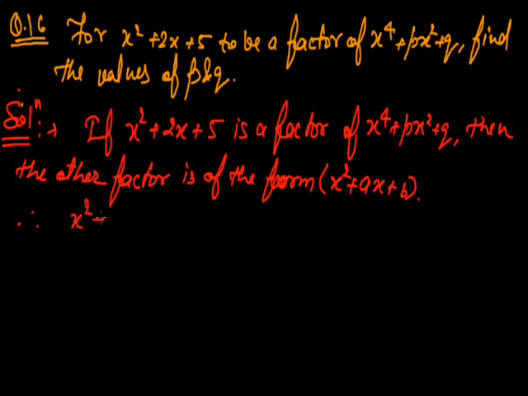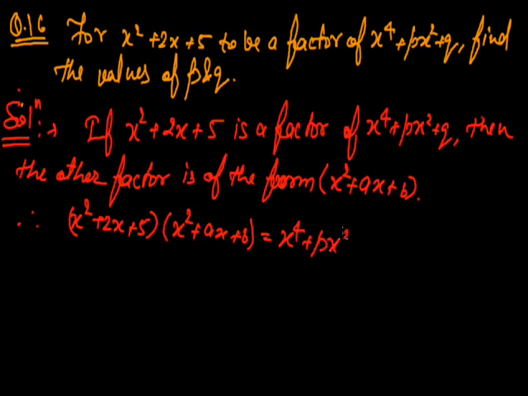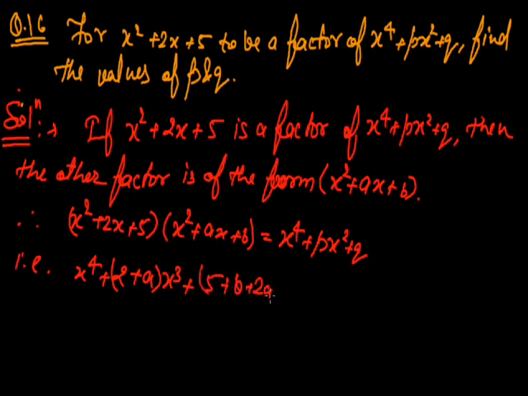x square plus 2x plus 5 into x square plus ax plus b is equal to x raised to power 4 plus px square plus q, that is x raised to power 4 plus 2 plus a x cube plus 5 plus b plus 2a x square plus 5a plus 2b into x plus 5b is equal to x raised to power 4 plus px square plus q.